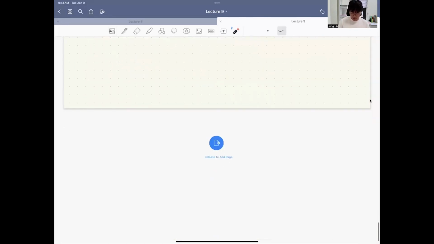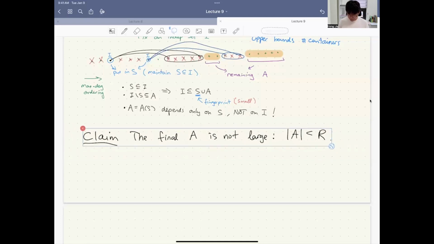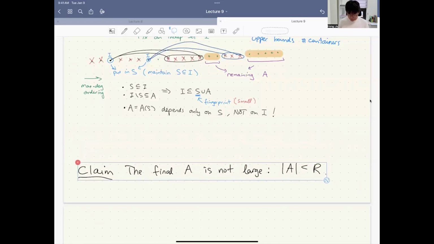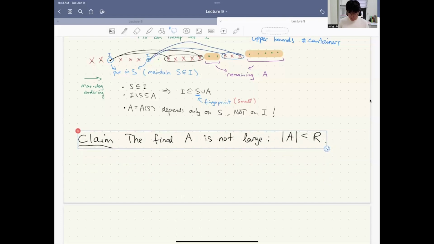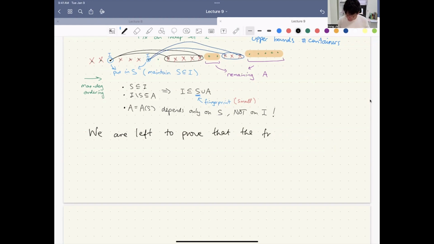Let's prove it. We are left to prove the final set A is not too large.